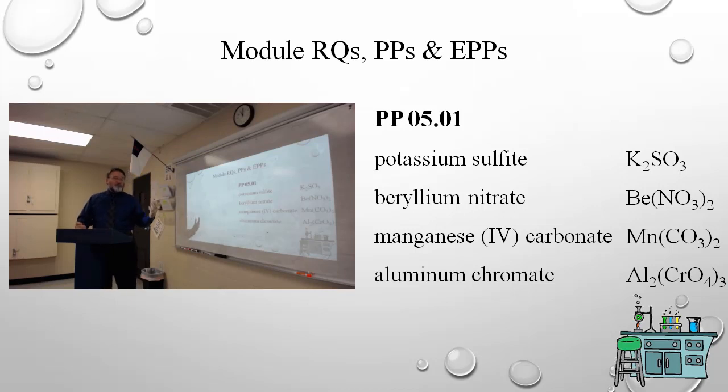So it's 3 plus. Chromate has a 2 negative. So does dichromate, right? So again, you just transpose, dropping the signs. So if you think about it, 2 at 3 positive is 6 positive, and 3 at 2 negative is 6 negative. They're equal and opposite.